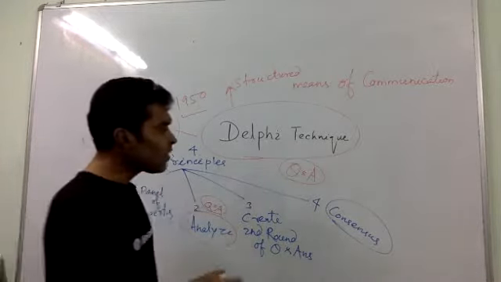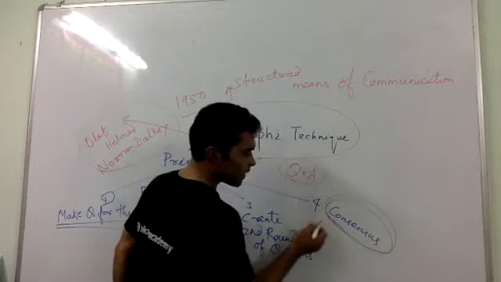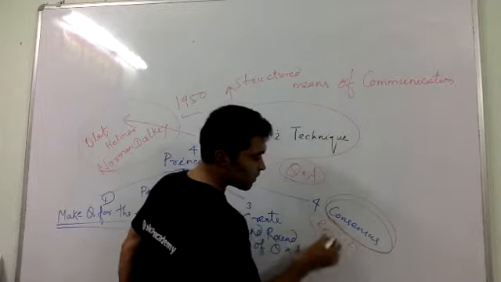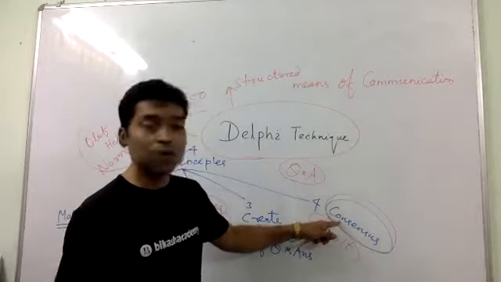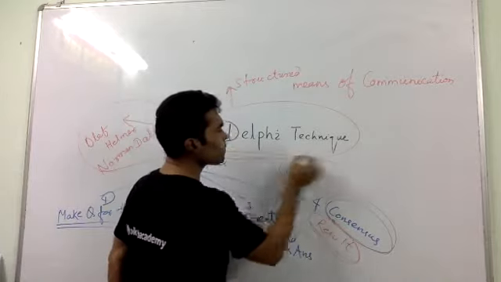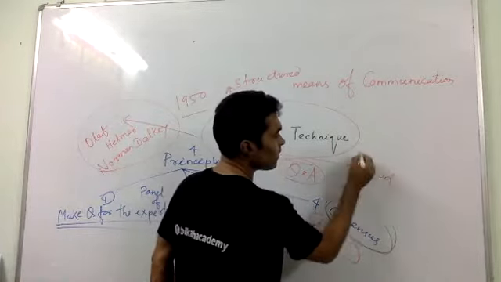And lastly, when everybody accepts the final result, that means there is no dispute, you can say consensus, then that is accepted. That method is actually called the Delphi method.